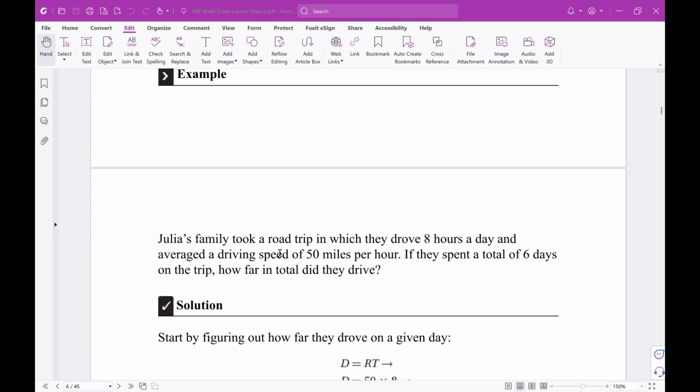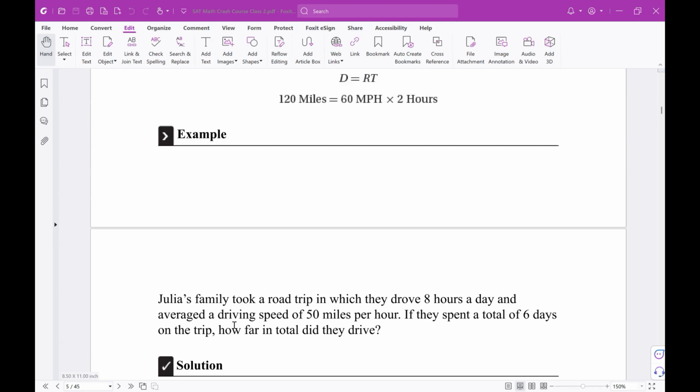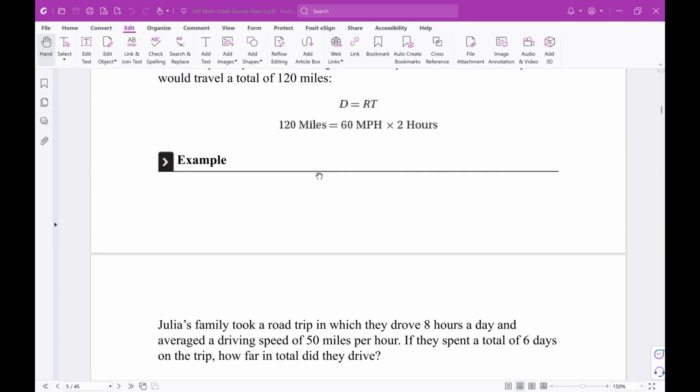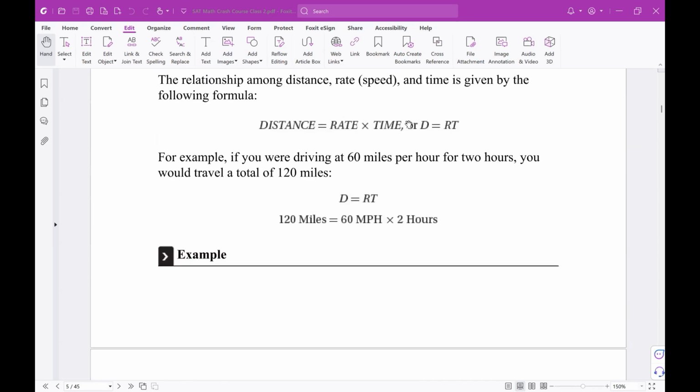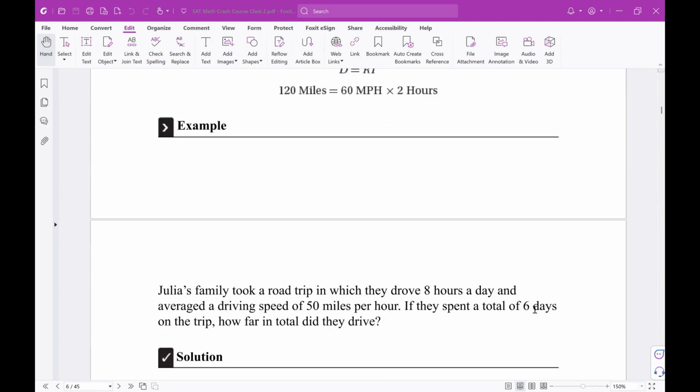So we are given the time, 8 hours a day, and the average driving speed of 50 miles per hour. So we are also given the rate. We are given the time and we're given the rate.